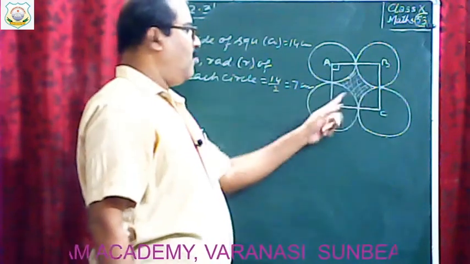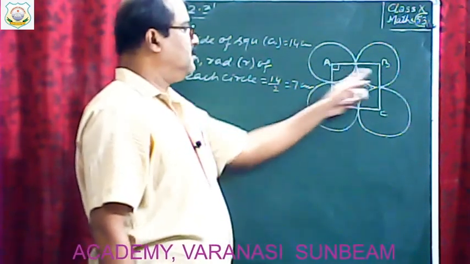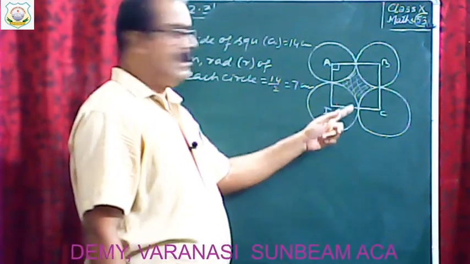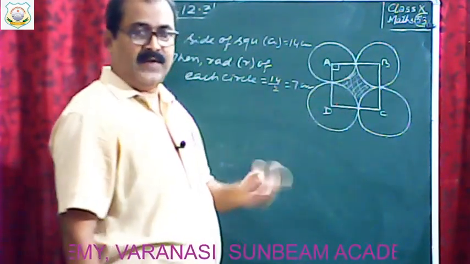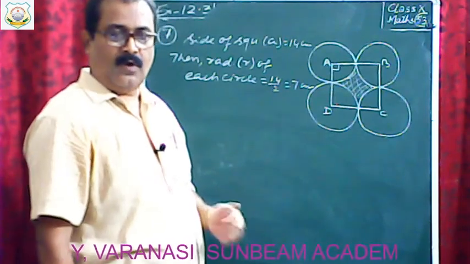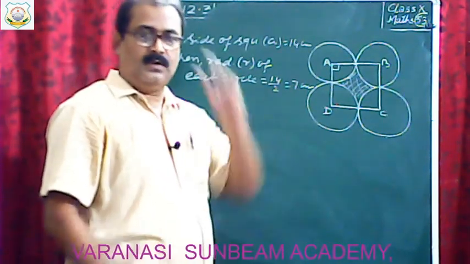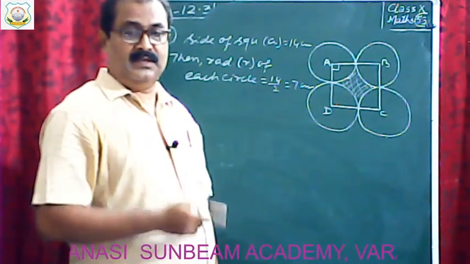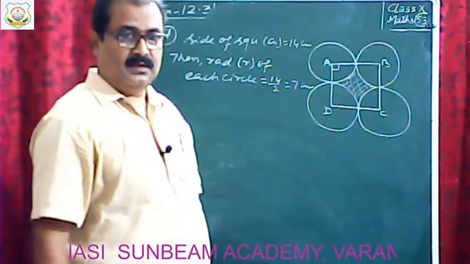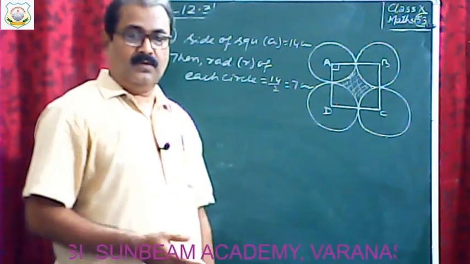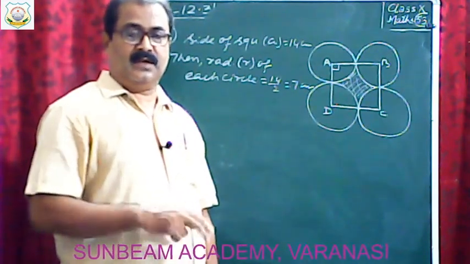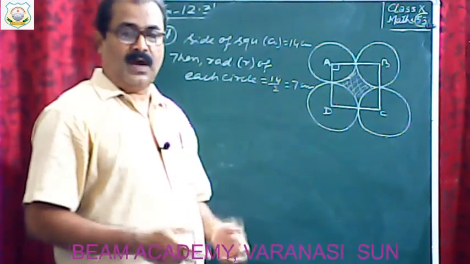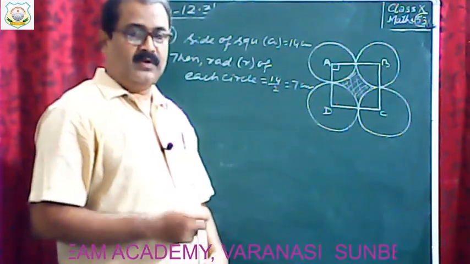These four are quadrants. Quadrant means a sector having central angle 90 degree. Or if two diameters are perpendicular to each other, then the circle is divided into 4 equal regions known as quadrants.